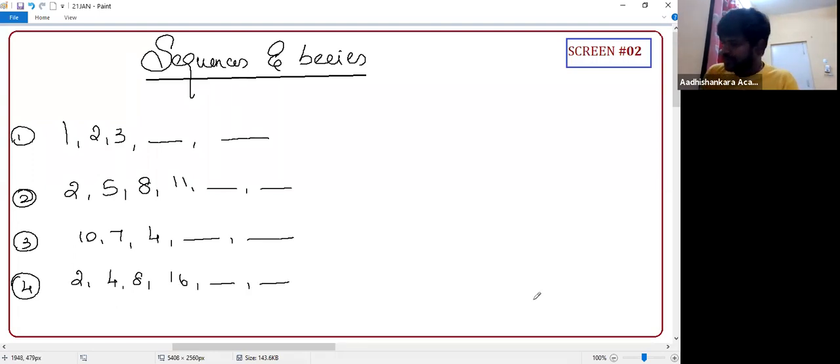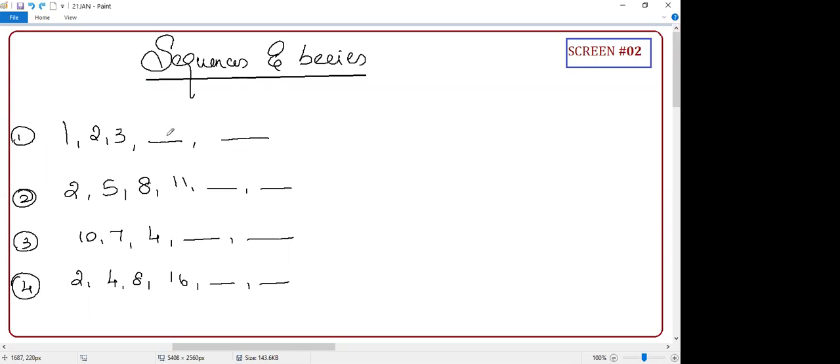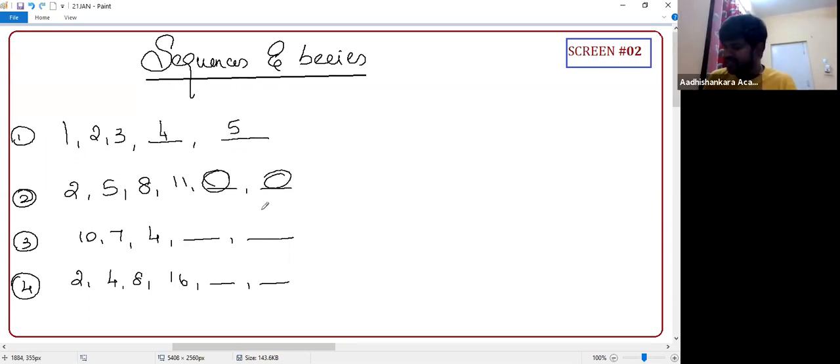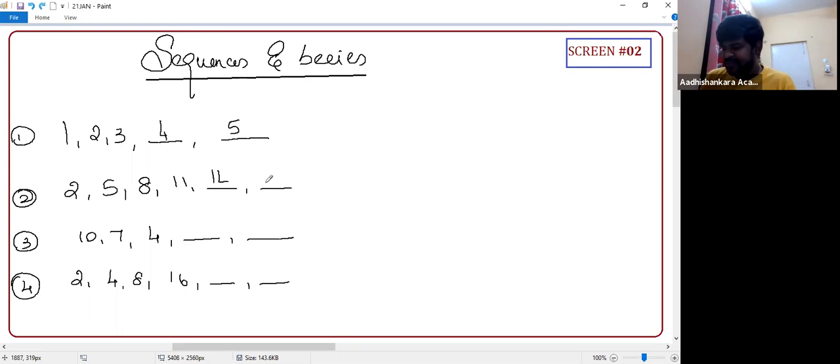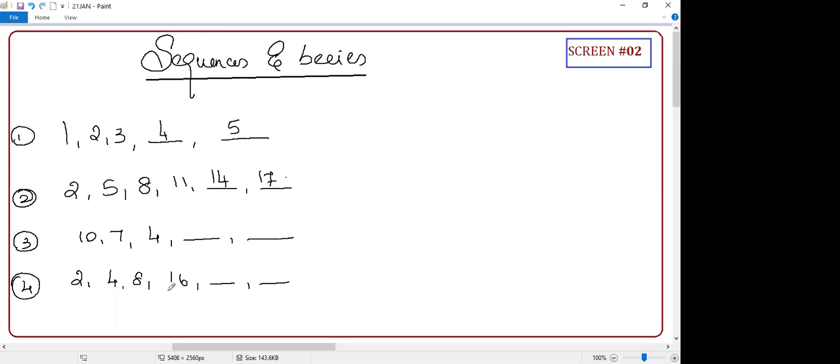Someone please unmute and say what is the answer for this. 4, and 5, 6, 7. Okay, then what is the answer for these? 14 or 13? 14 and 17, 20. Nice.